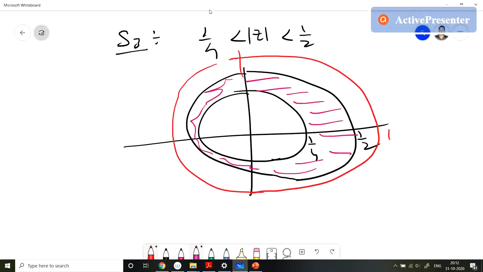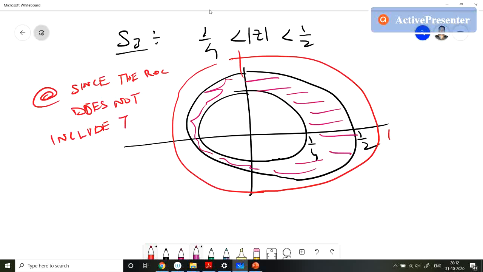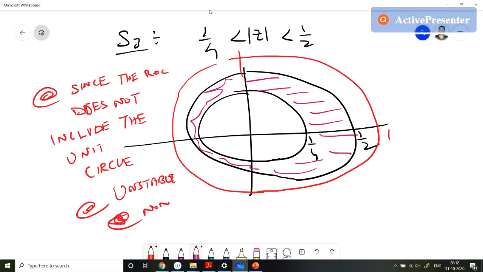Since the ROC does not include the unit circle, the system is unstable, and also it is a non-causal system.